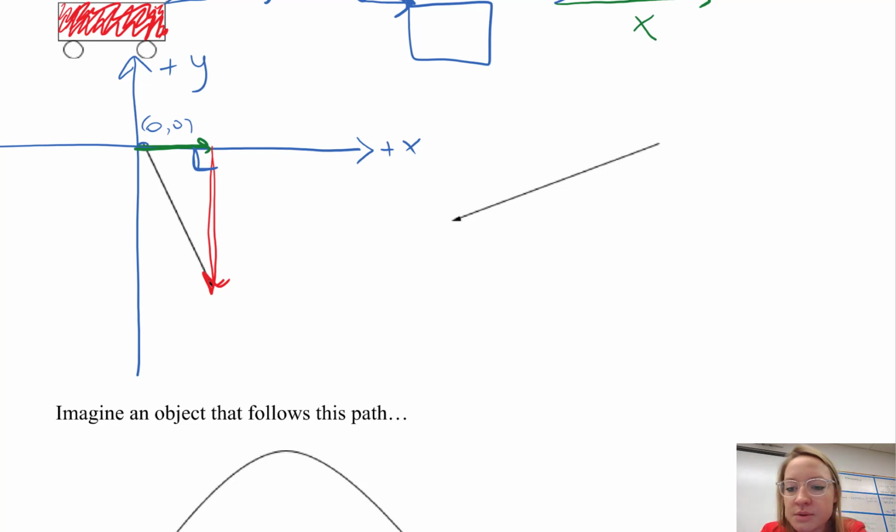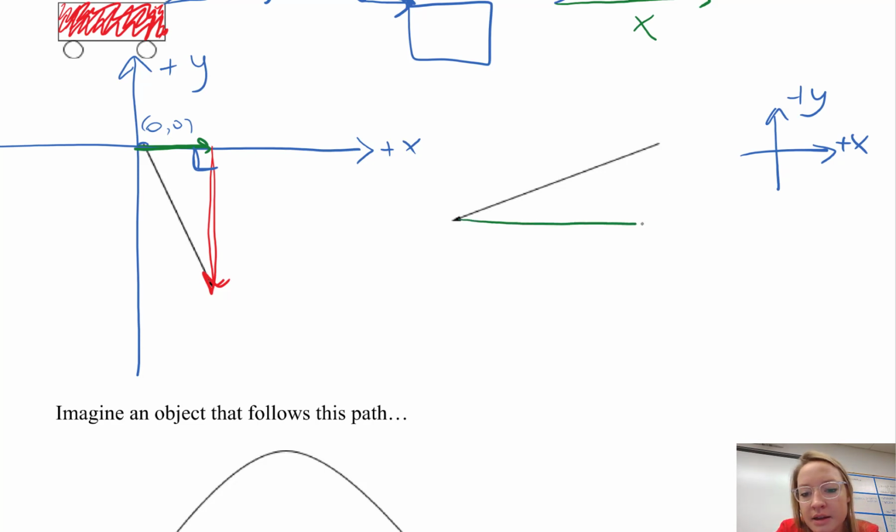Okay, for this one, I separate it into the x and the y. This is my positive x direction. This is my positive y direction. Then I draw lines that are parallel to these. Here's my x component. I know it's my x component because it's going in the x direction, perfectly parallel to this line.